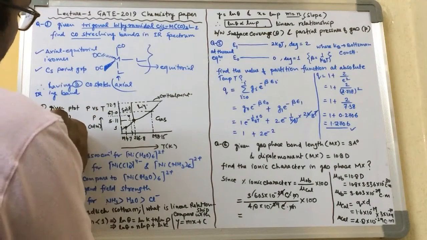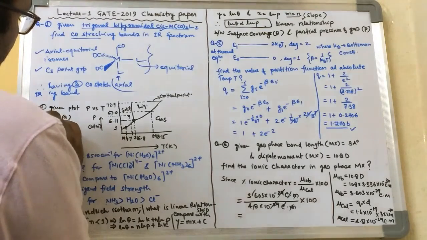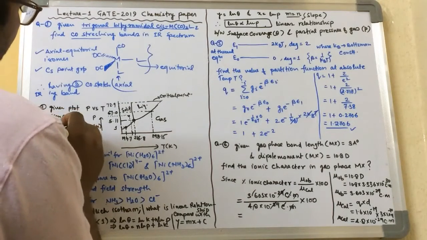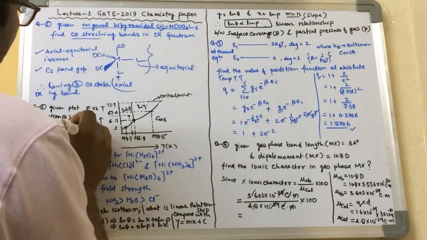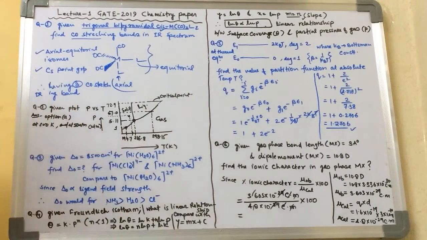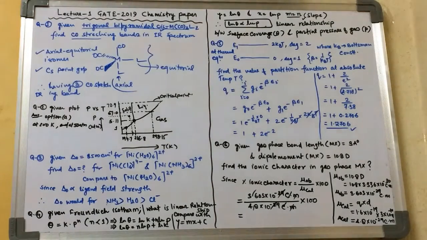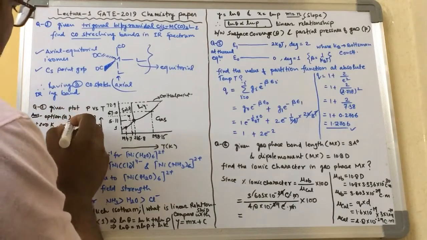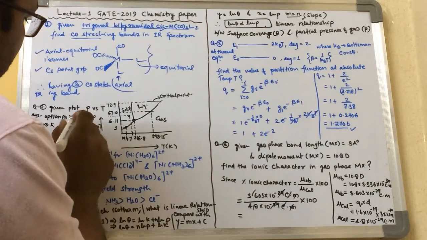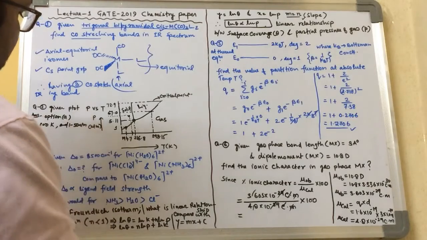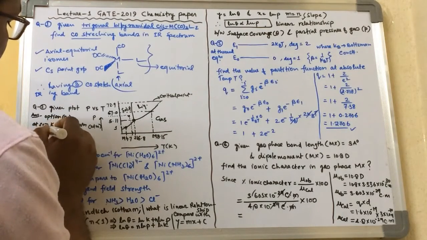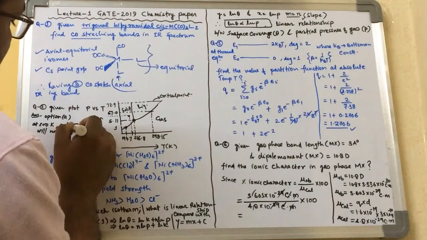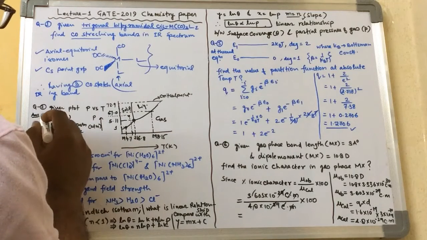So here at 200 Kelvin and at 50 atm pressure, I am writing in a short way, and from 1 to 50 atm pressure, you will not get liquid CO2. Okay, so this is the incorrect option.